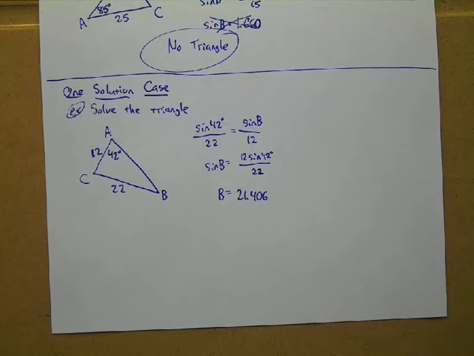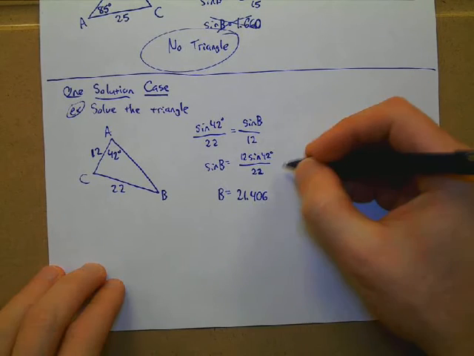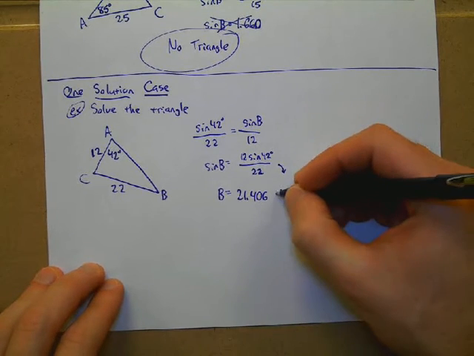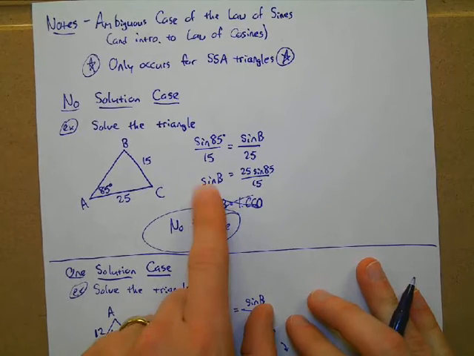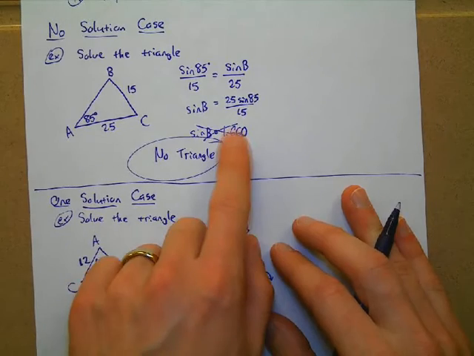Again, I'll do the intermediate step just to show you. Whereas in the past, when I did sine of B, I got 1.660, here I would get sine of B equals, approximately, 12 sine 42 divided by 22.